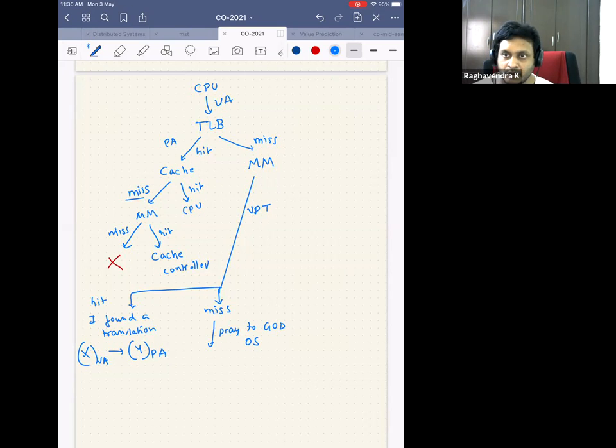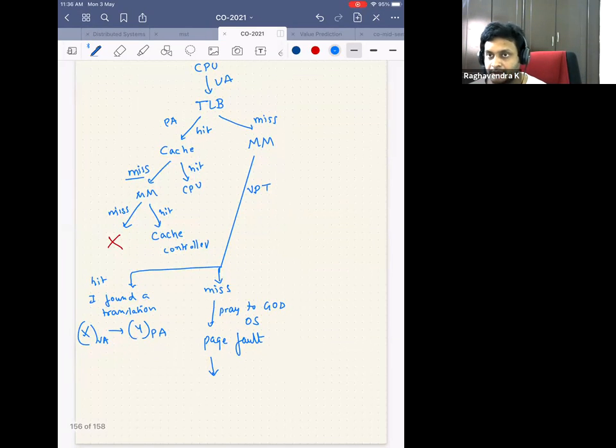So you take over. Now you bring that data from the secondary storage to the main memory. So now it's a page fault. The operating system takes over and initiates the transfer from the secondary storage to the main memory, and the transfer is very slow because the secondary storage is really pathetic.